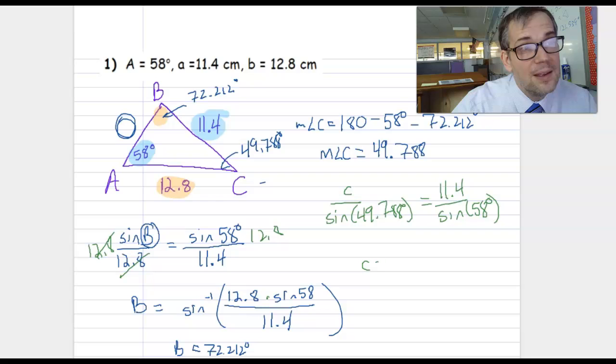So that means C will equal 11.4 times the sine of that angle, 49.788, divided by sine of 58.